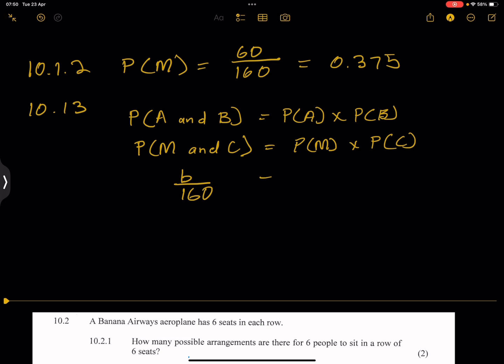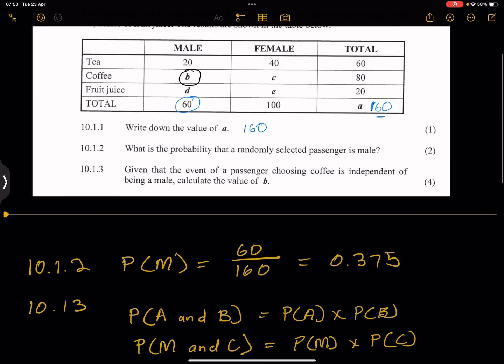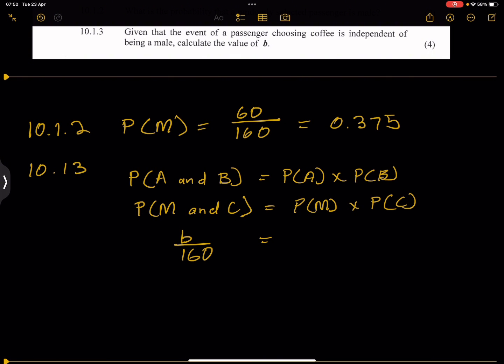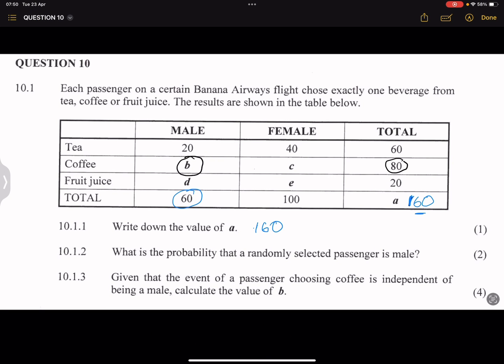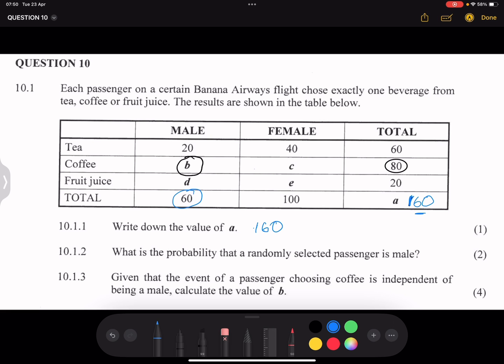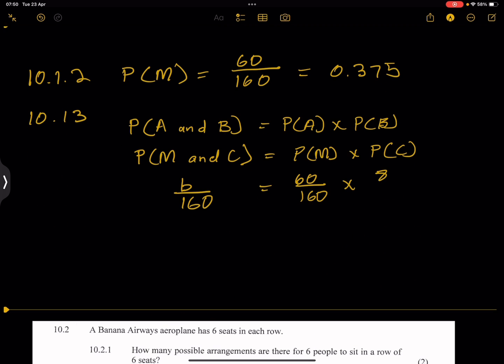Now note the probability of being male, we just calculated it. That was 60 over 160 multiplied by the probability of drinking coffee. The total number of people that take coffee, in this case, would be 80, divided by 160. So that's 80 over 160.